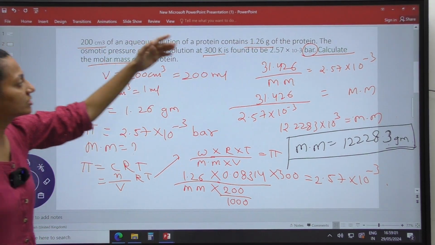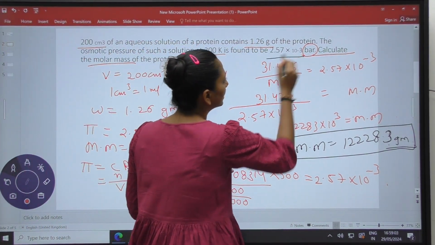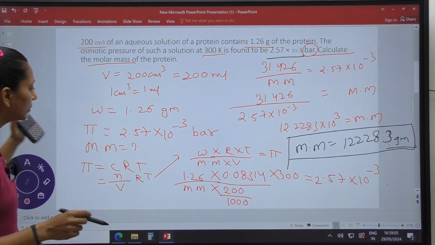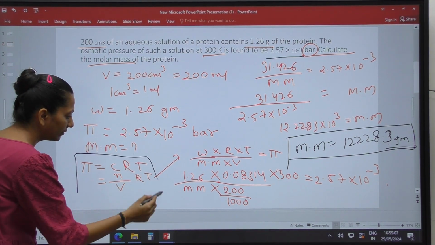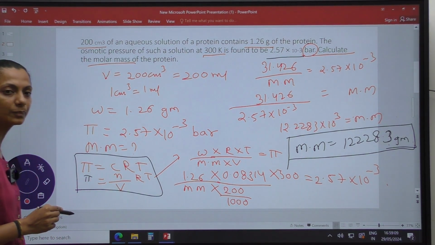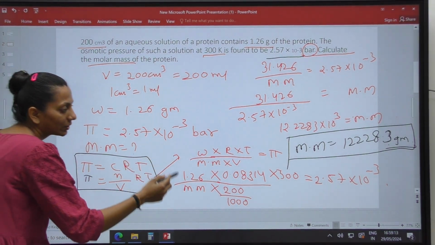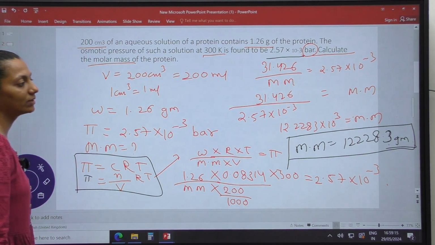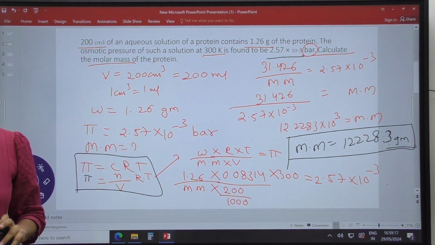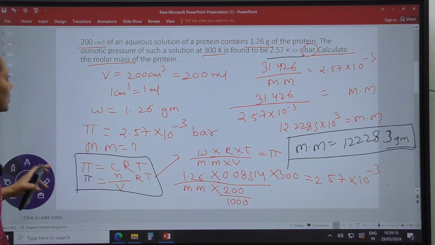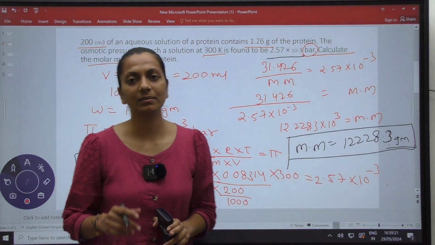Just keep all the values in this formula: pi is equal to n upon V, CRT, that is n by V RT. Keeping the values and solving, we are going to get 12228.3 gram.